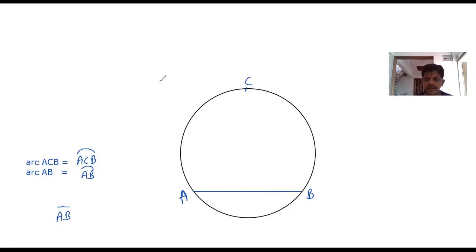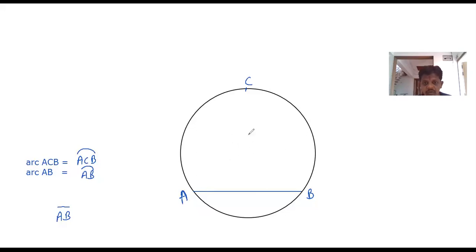Now, the region between the chord and the arc is called a segment. I'm repeating myself. Region between chord and arc. This is the chord AB and this is the arc AB. So this is a segment. Similarly, this is the chord AB and this is the arc ACB.